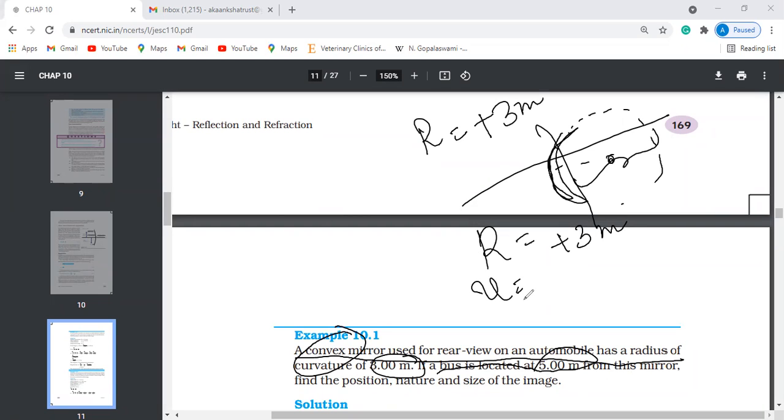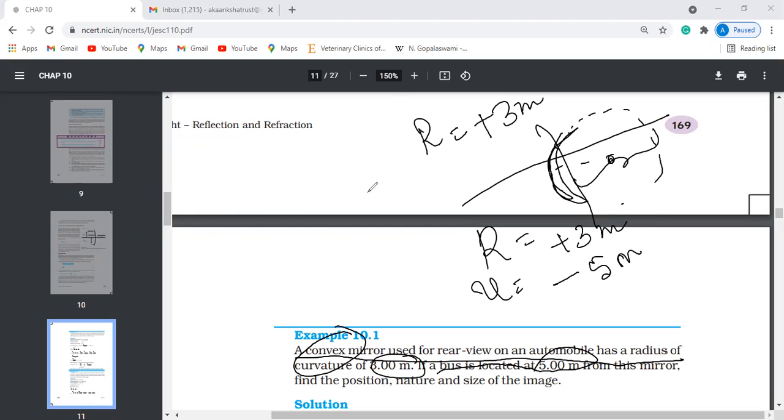Whether it is positive or negative, minus 5 or plus 5? Yes, it is minus 5 meter. Remember, in this chapter, for lens as well as for mirror, in every case object distance will be negative only.